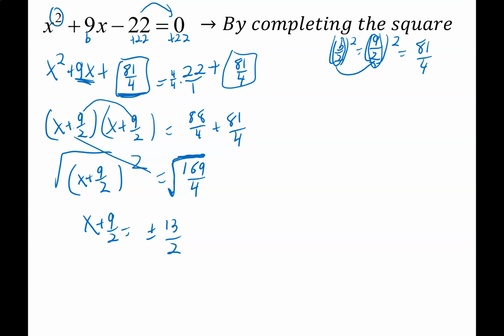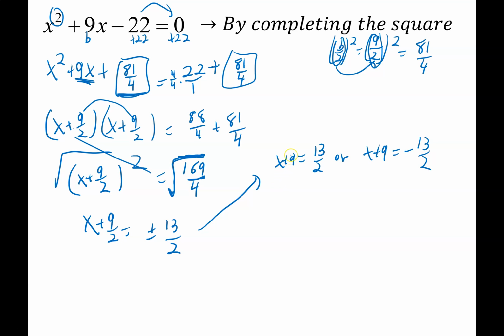If you want to check my work, the square root of 169 is 13 over the square root of 4, which is 2. And then I break it into two parts. One is that x plus 9 halves is the positive 13 halves, or my other choice is that x plus 9 halves is my negative 13 halves.